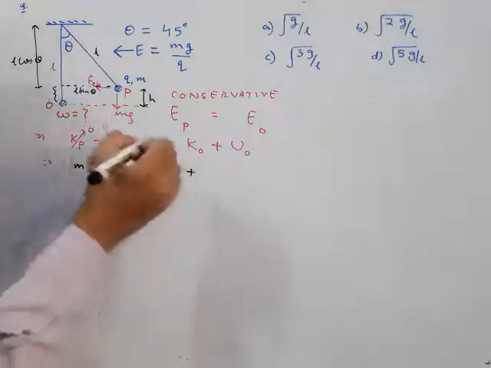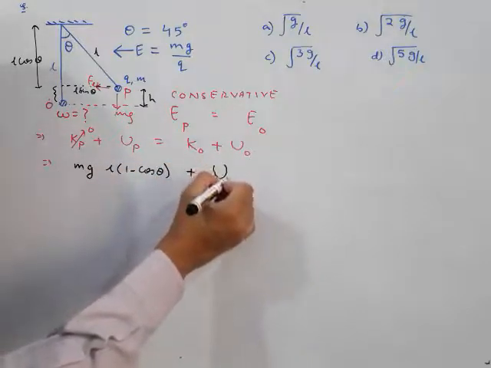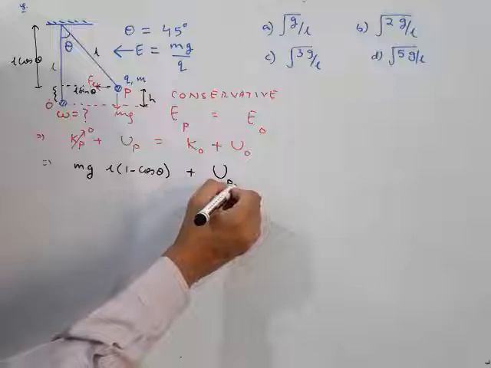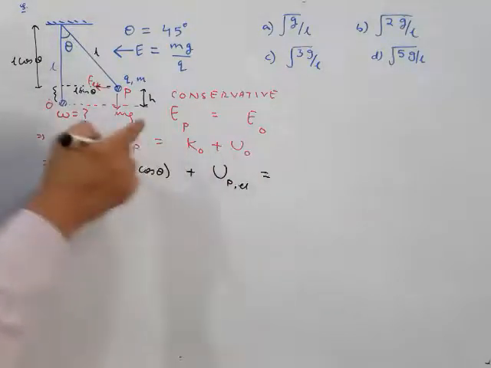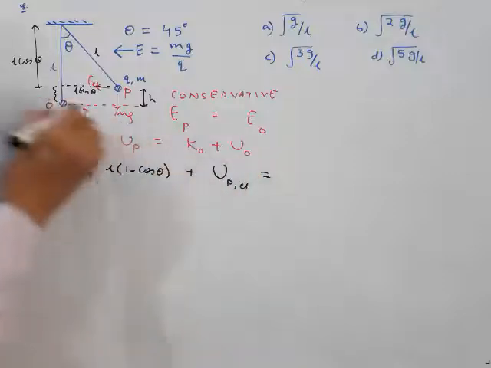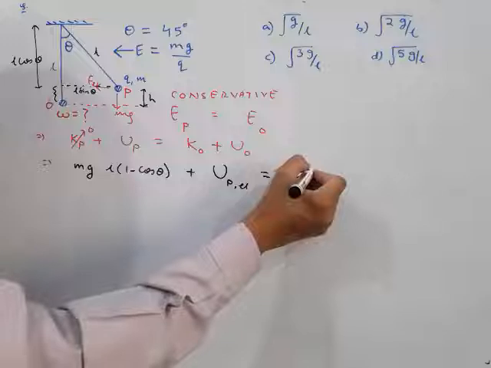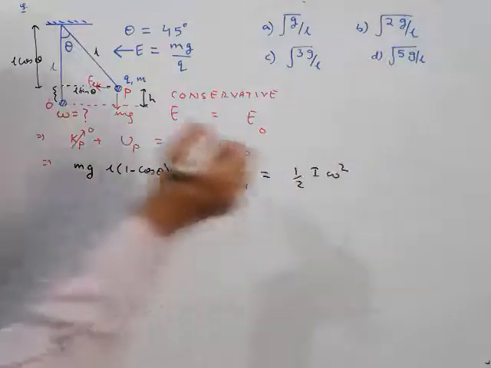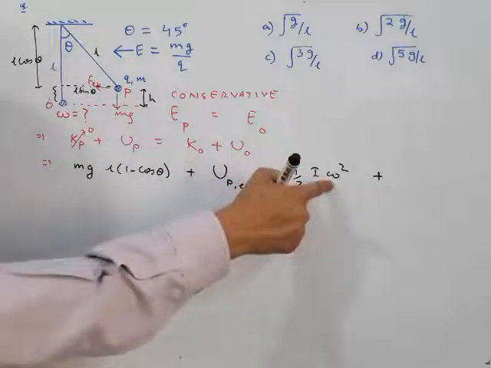There is one more potential energy, that is electrostatic potential energy. So electrostatic potential energy I'll write as U_EL, EL for electrostatic, is equal to kinetic energy at O. At O, the kinetic energy is half mv square, which I can also write as half I omega square, plus potential energy at O. Omega is what we have to find.